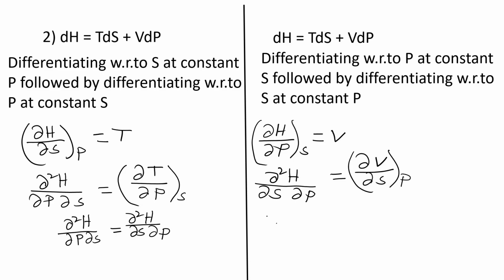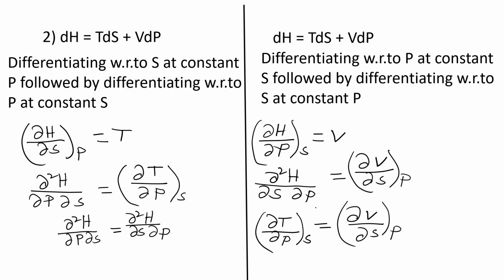That means ∂T/∂P at constant entropy is equal to ∂V/∂S at constant pressure. So, this is the second Maxwell relation.